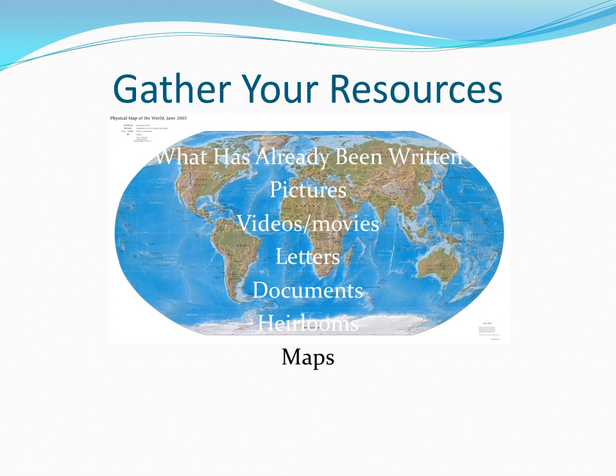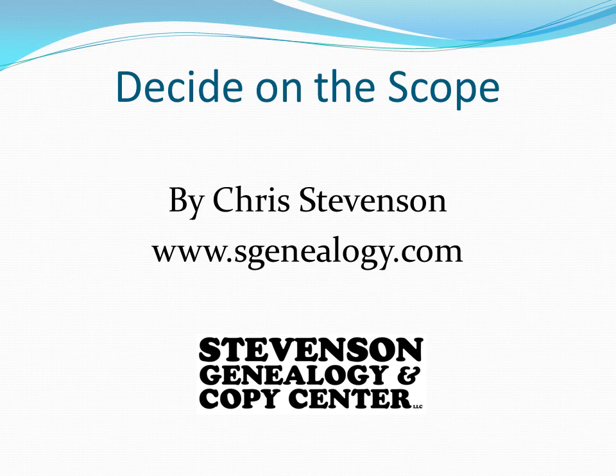And that helps you to see how far apart that was and what the terrain was like, and it helps you to picture what it was all about. And then you can include that picture in your writing so that your reader can picture what was happening. So maps are another very helpful resource.